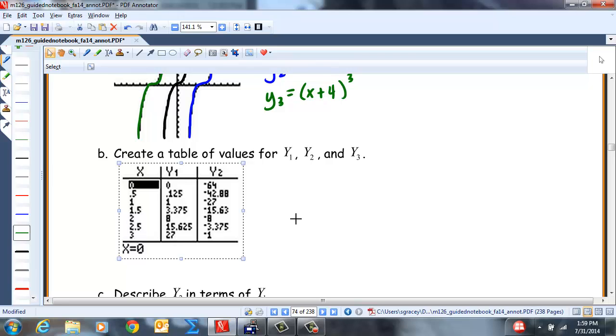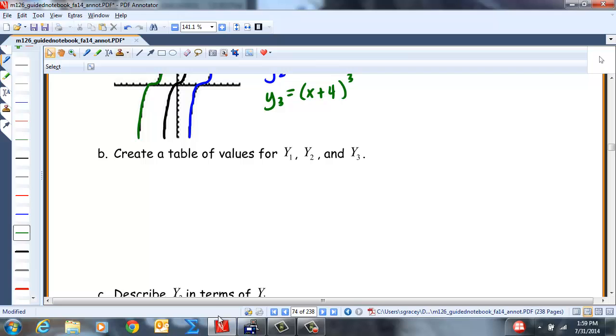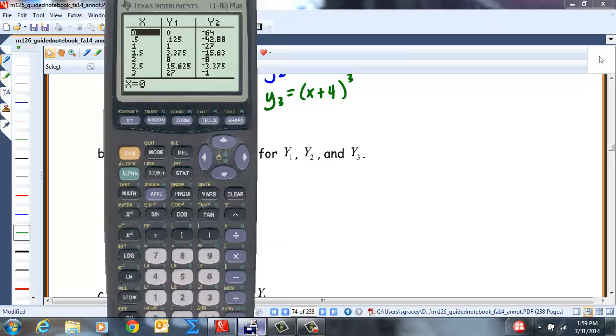So actually, one thing we might want to do is go to, let's delete this one. Let's do a different start to our table so that we get a better look at what's happening. We'll go to table setup.